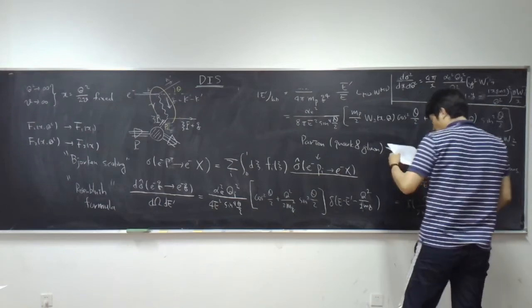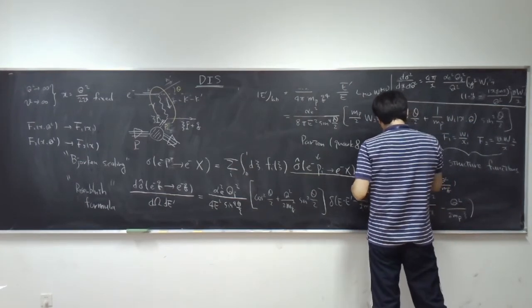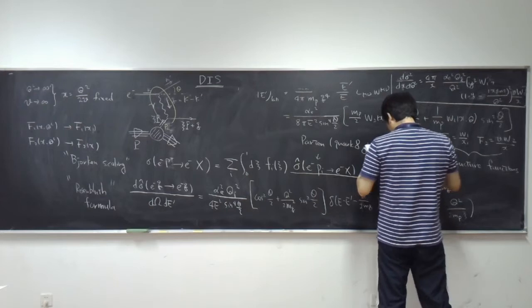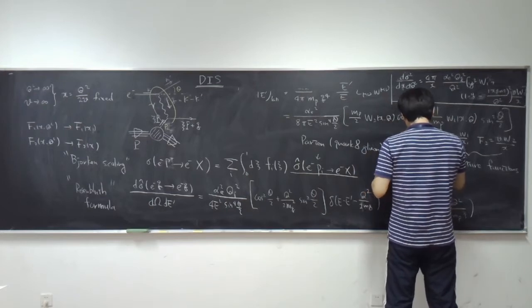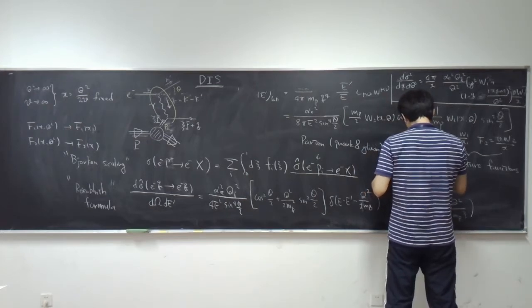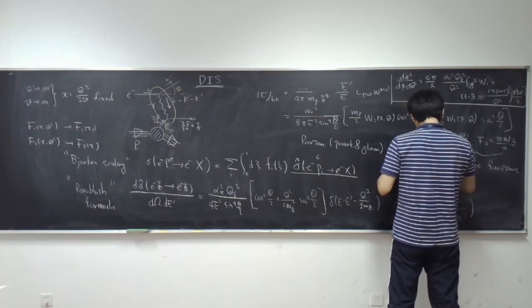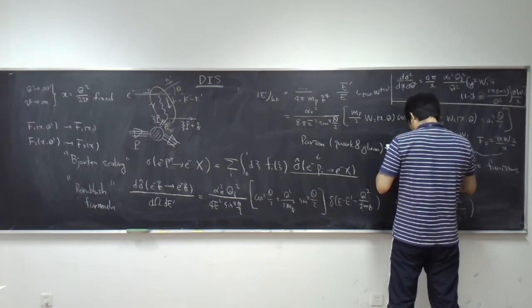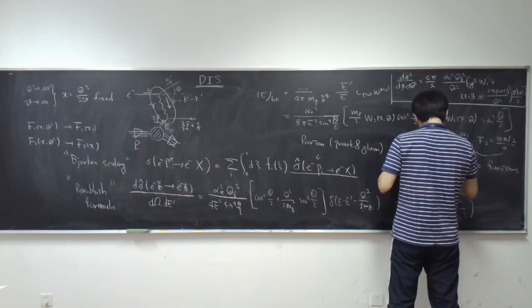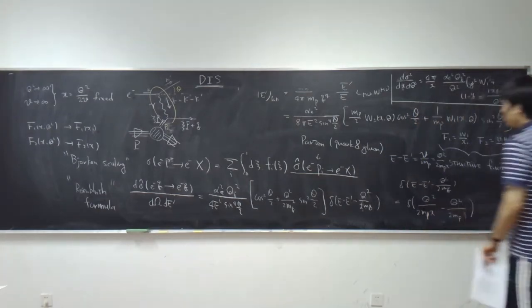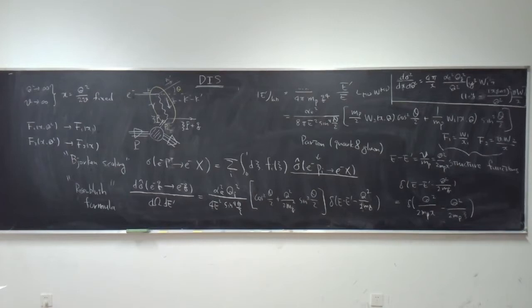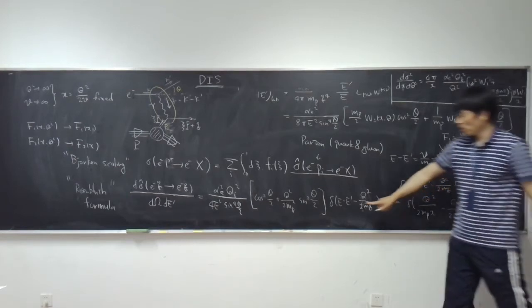Here, what I use is that E minus E prime is equal to ν over M_P, which is equal to Q squared divided by 2 M_P x. That's the formula I use to plug into here.